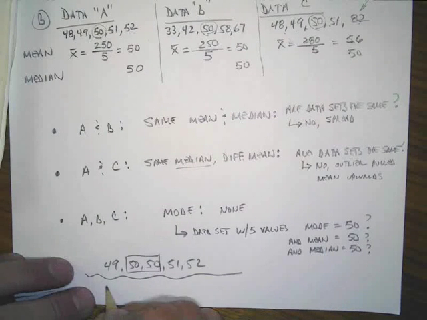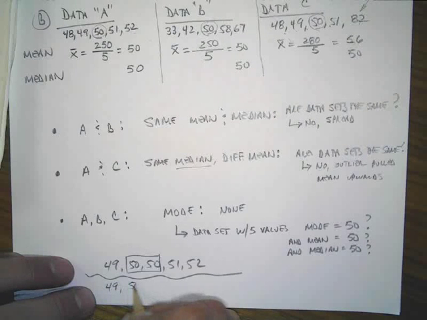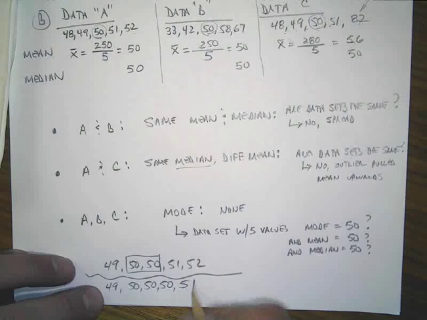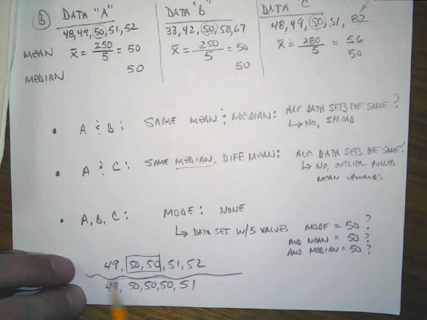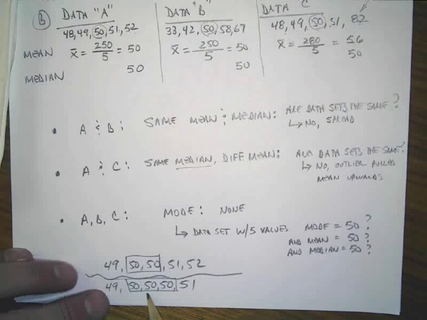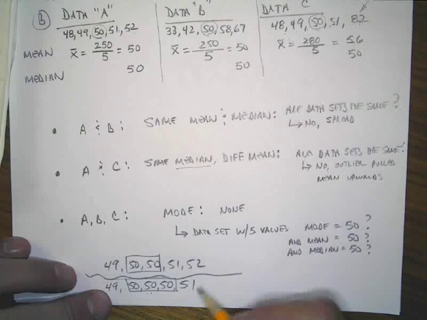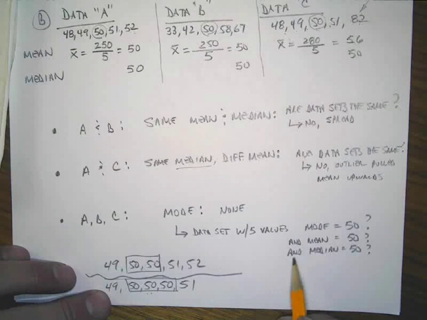How about this? 49, 50, 50, 50, 51. Let's see. The mode is 50. If you add these all up and divide by 5, the mean is 50. And you know what? The median is also 50. So that one does all three.